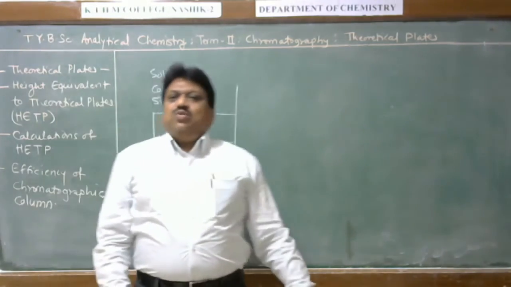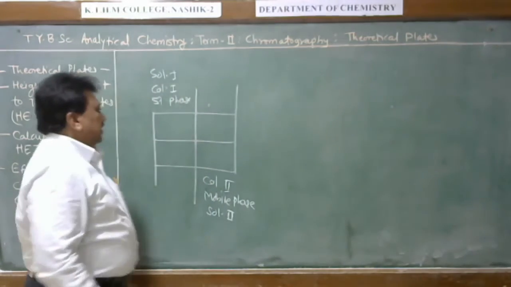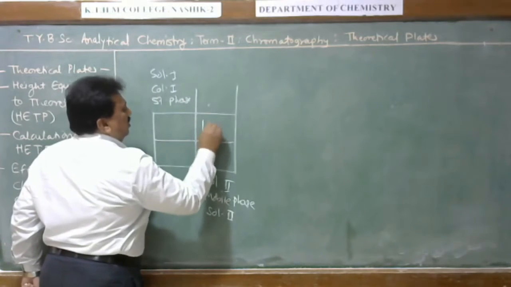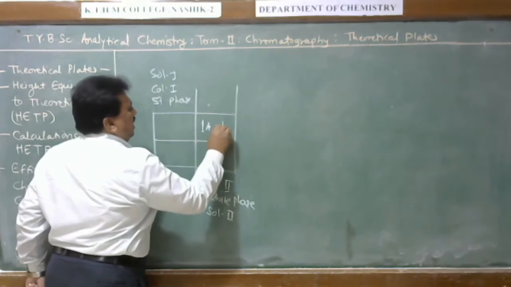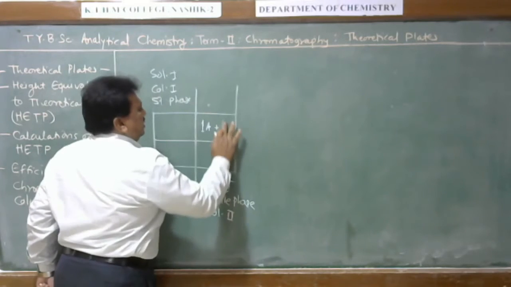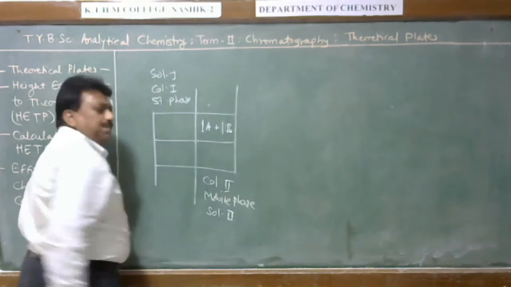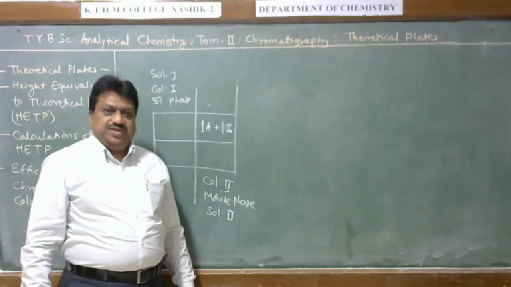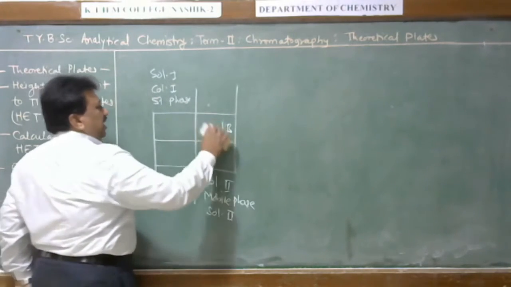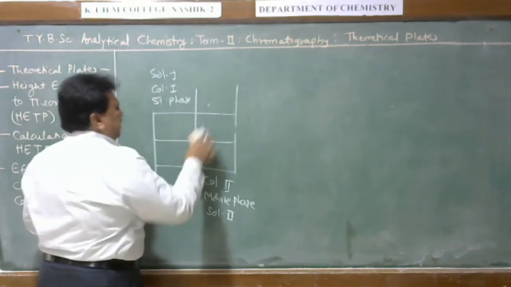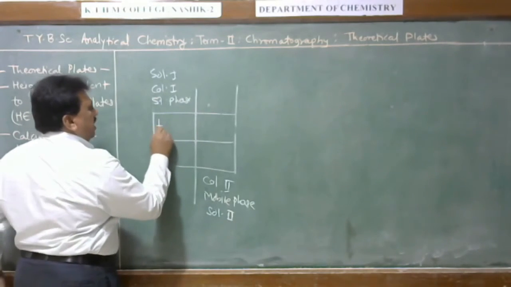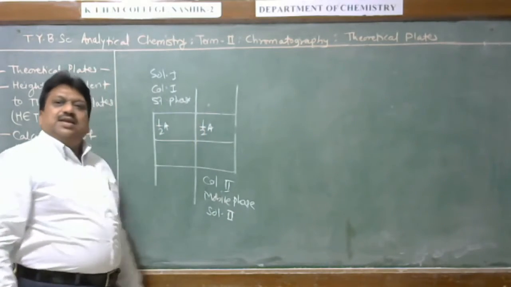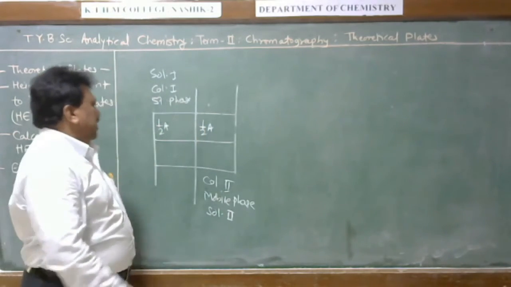We know that when we place a sample containing two or more components in this mobile phase, then depending upon the solubility, the sample components get distributed. That means if A is equally soluble in both solvents, then 1/2 A is given in the stationary phase and 1/2 A is given in the mobile phase.